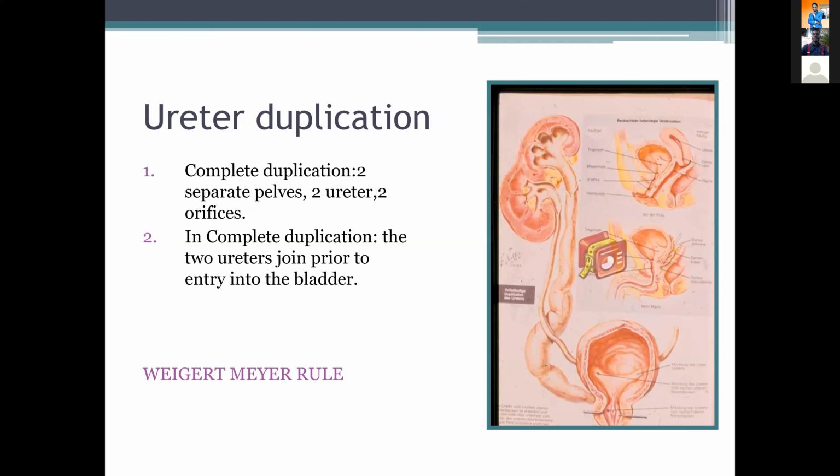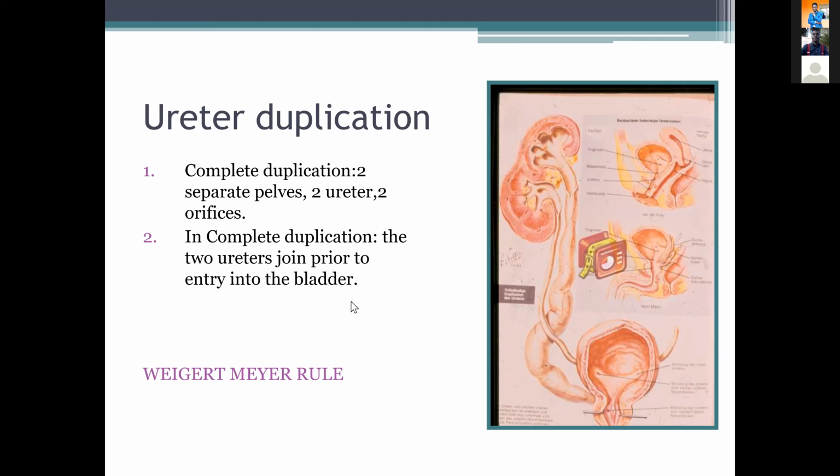And the incomplete one means that maybe the two ureters originate from the upper and lower poles of the kidneys and then fuse and attach to the bladder as one.